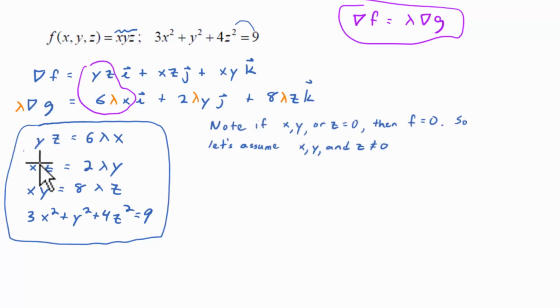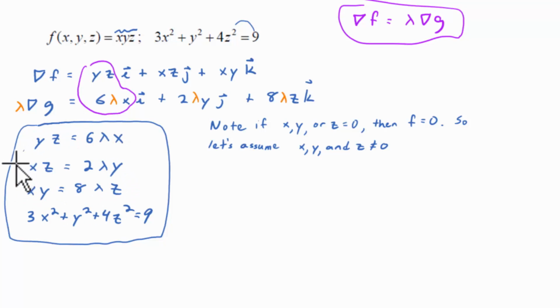So let's now, I haven't even examined our system. What have we got here that's interesting? I think one thing we could do is solve each of these first 3 equations for perhaps lambda.